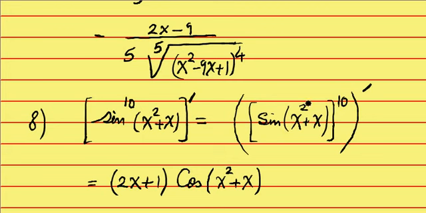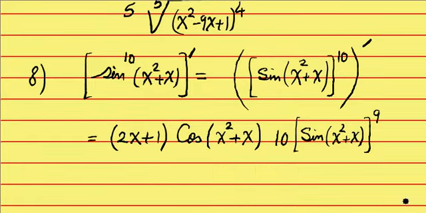What's the derivative of something raised to power of, say, 10? That's going to be that exponent 10 times the base that you had. The base is sine of x squared plus x. That base has to be raised to power of 1 less than the old exponent you had. That's 9.